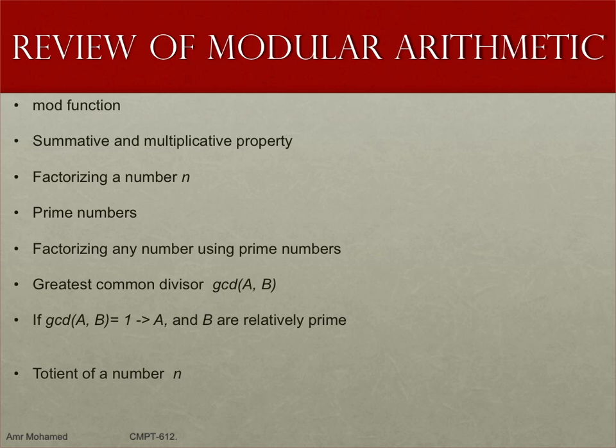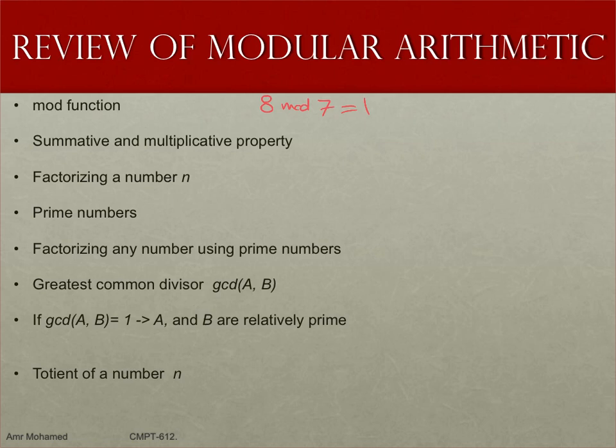We all know that, right? So if I say, for example, 8 mod 7, 8 mod 7 is 1. Why? Because 1 is the remainder of the division, right? So the remainder is 1 and the mod is 1.